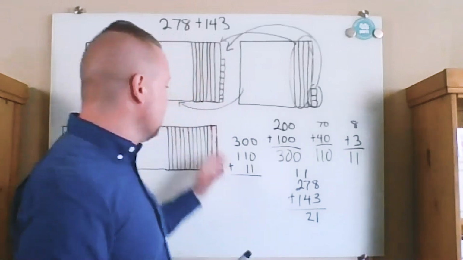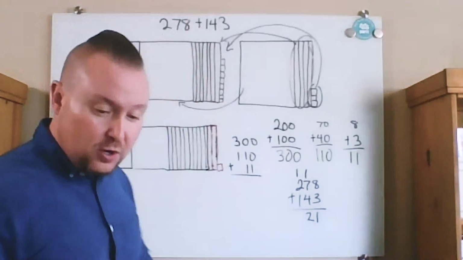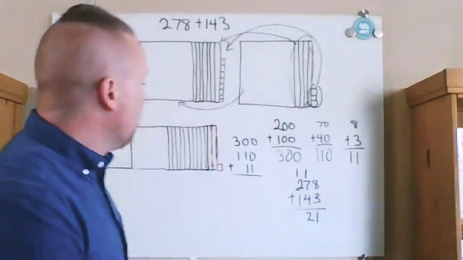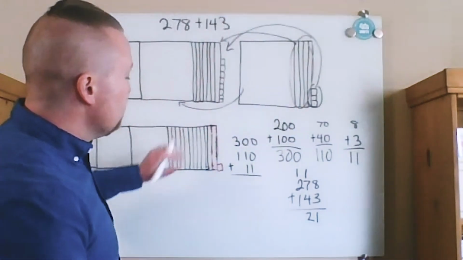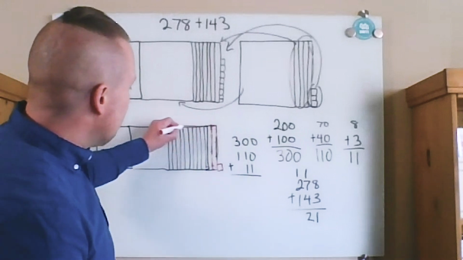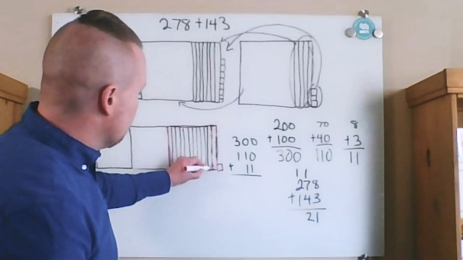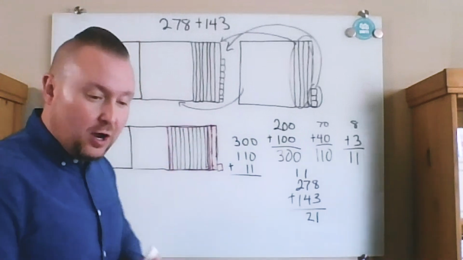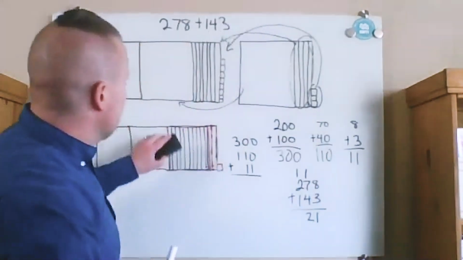Well, just like we did in the last process with the 1s, we can try to look for where is the 2 units of 10. Well, we've got 2 of them here, so these 10 units of 10 are where that 100 that we composed came from.